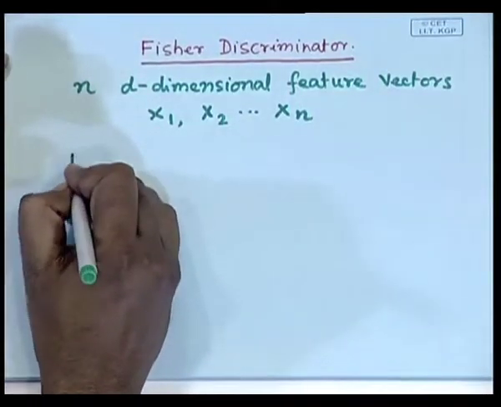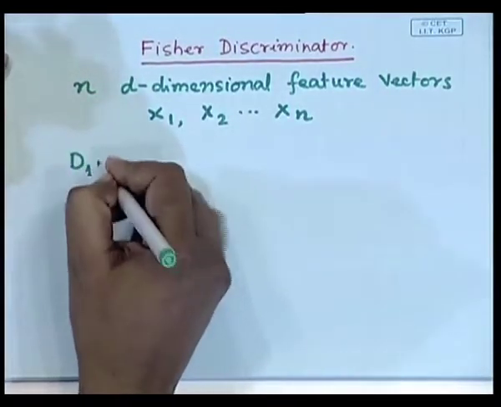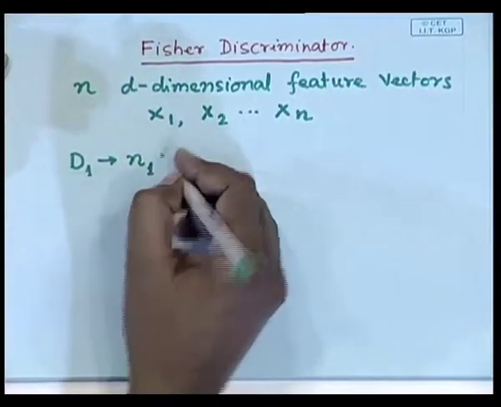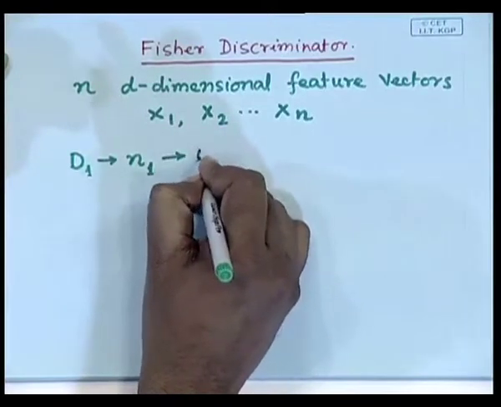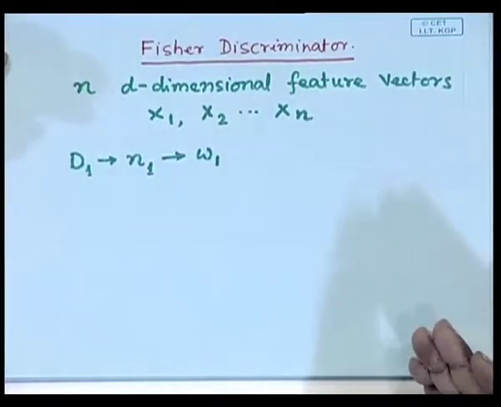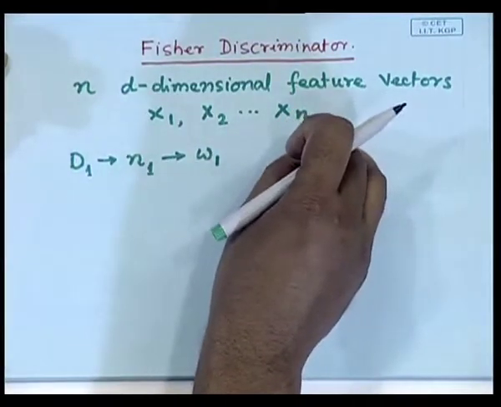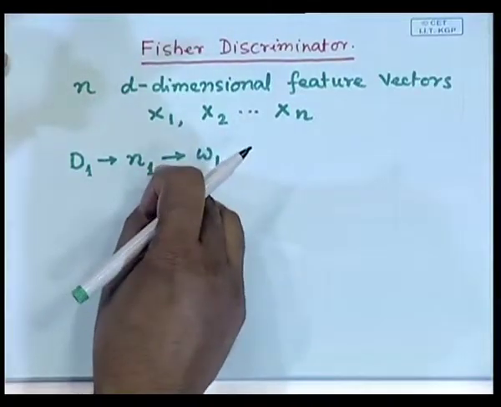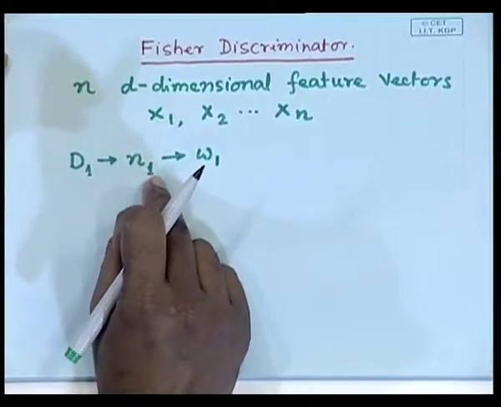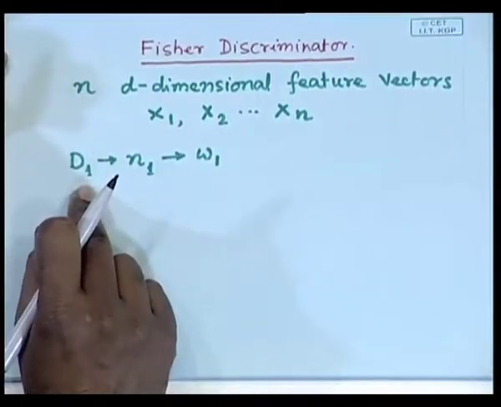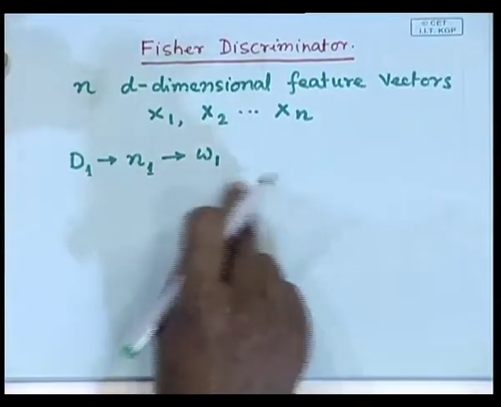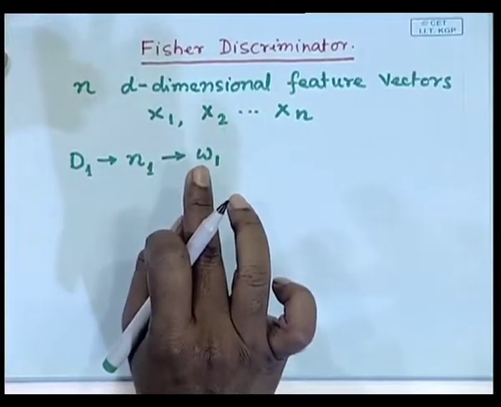One is set D 1, consisting of n 1 number of feature vectors which are labeled as class omega 1, because we are going for supervised learning. Obviously n 1 is less than n. These feature vectors are in the set D 1 and are labeled to belong to class omega 1.